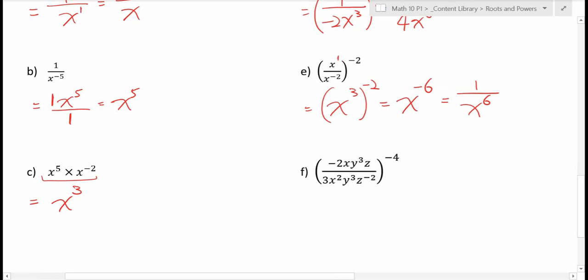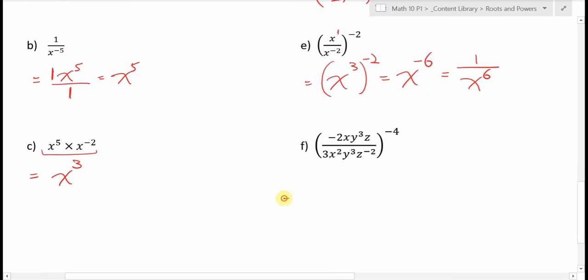Similarly with E, for part F, I would simplify what's inside first. It's always easier if you simplify things inside first. Negative 2 over 3, there's nothing we can do about that, so we're going to leave it there. For the x's, again, this is division of powers with the same base. So that's x divided by x squared.